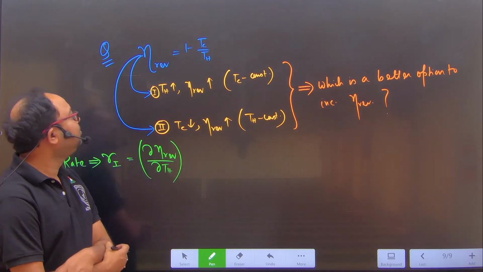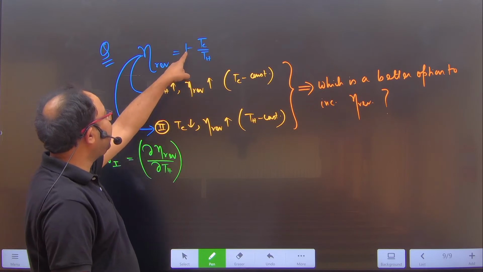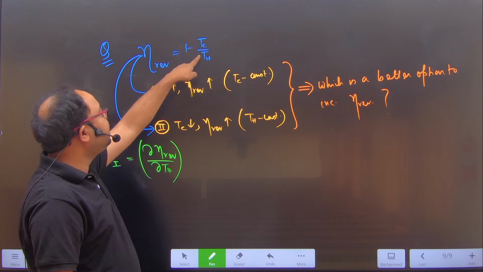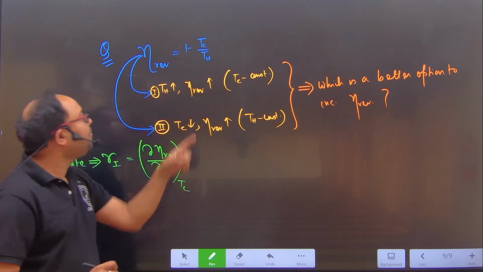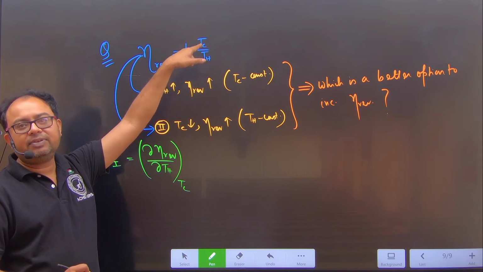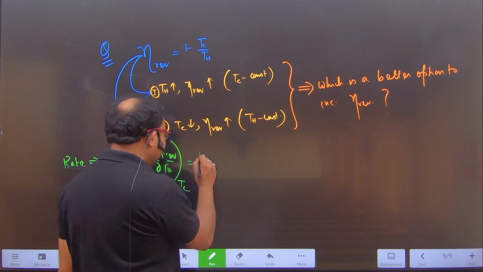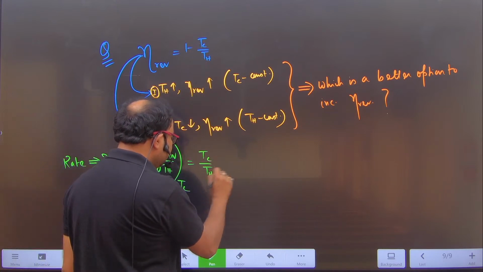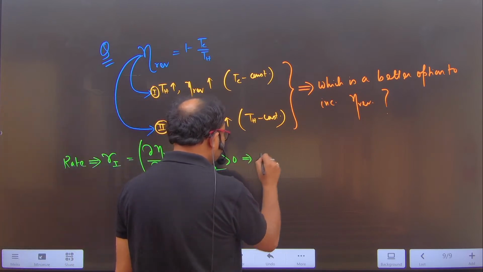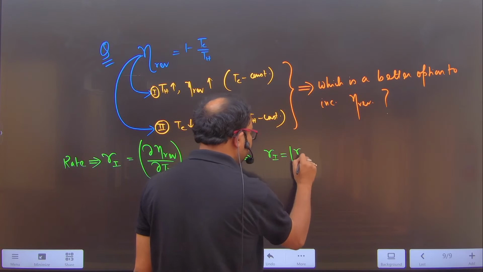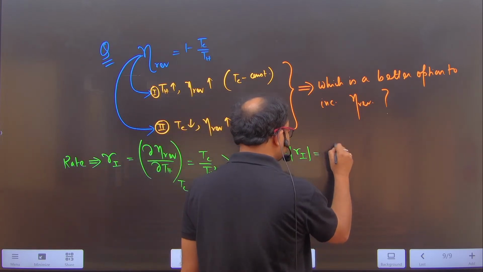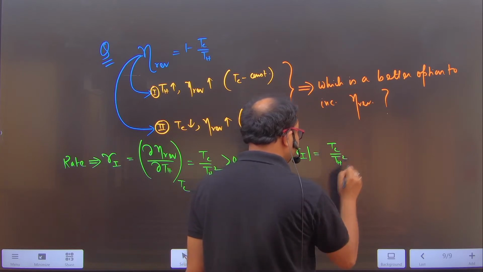If we differentiate with respect to Th, then the first term, 1, gives 0, and minus Tc by Th, where Tc is constant, when differentiated with respect to Th becomes Tc by Th square. This is positive. So mod of R1 is equal to Tc by Th square.